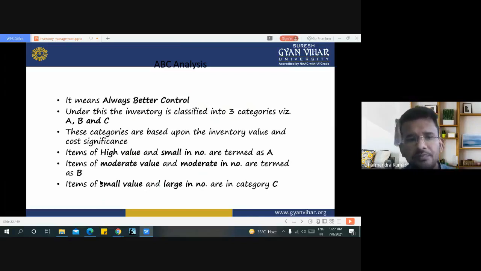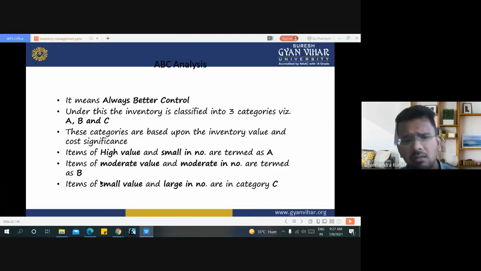inventory value. Here, items of high value and small in number are termed as A category components or A category raw material. In the B category, we keep items of moderate value and moderate in number.